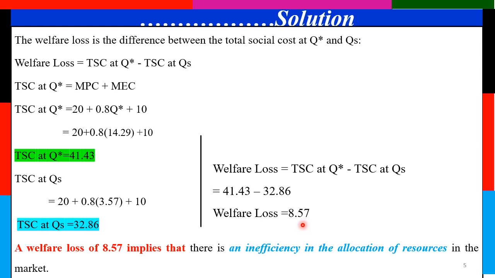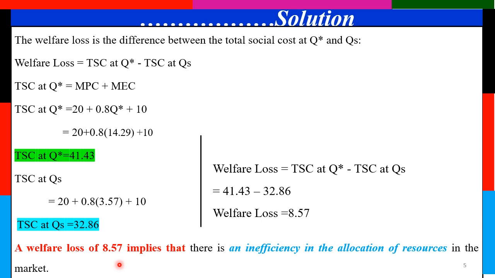So what does this imply? The welfare loss or deadweight loss of 8.57 implies that there is inefficiency in the allocation of resources in the market. That means there is overproduction.